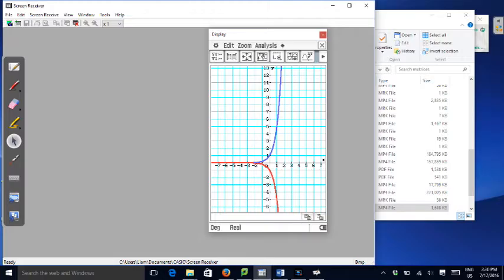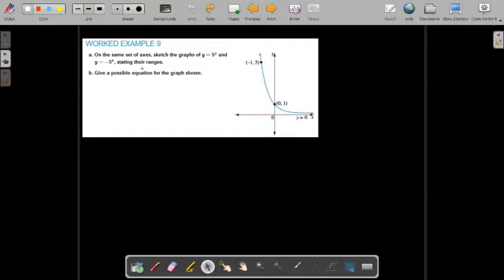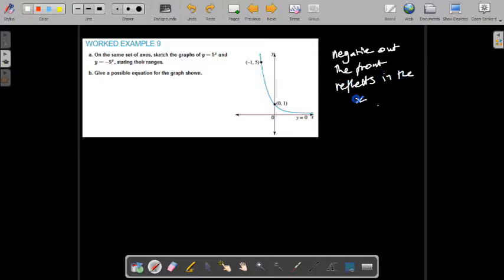So again, if we go back, we can say that negative sign just reflects it in the x-axis. So negative at the front reflects in the x-axis.